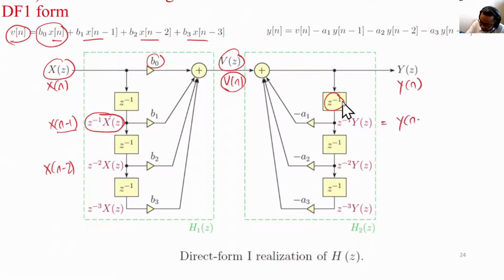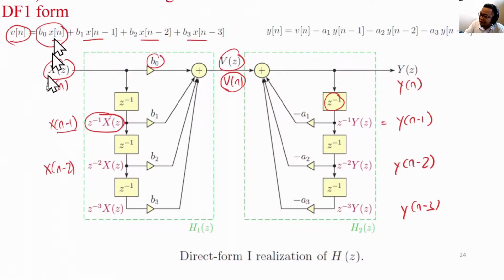This is y of n minus 1, times minus a1, adding to v of n. Then here is y of n minus 2 times minus a2 again. And here is y of n minus 3 times minus a3, adding all up to get y of n.